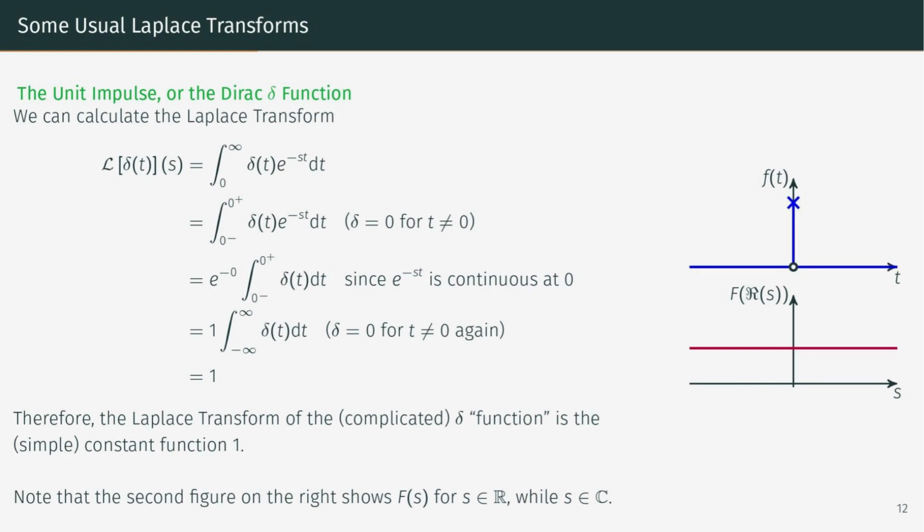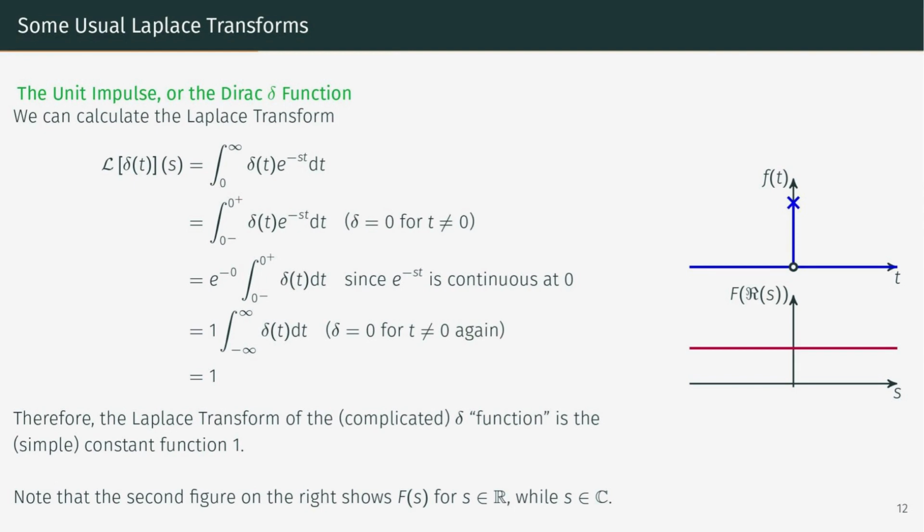This then equals 1 times the integral of the delta of t dt from negative infinity to infinity, since, again, delta is equal to 0 for t not equal to 0. We can finally see that this is just equal to 1. Therefore, the Laplace transform of the complicated delta function is a simple constant function of 1.